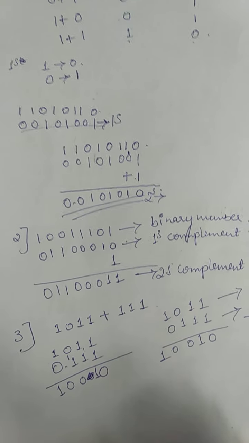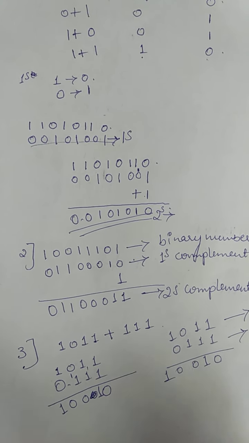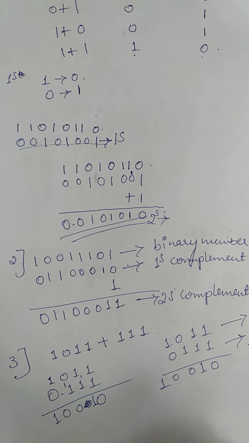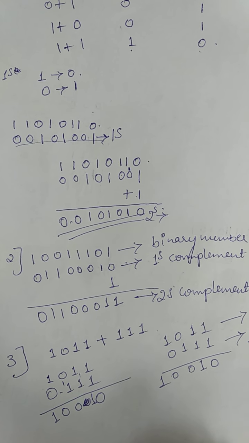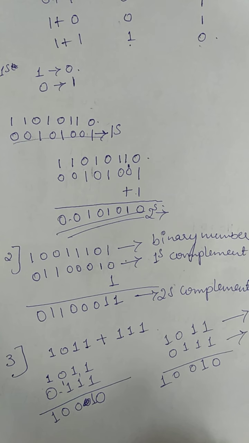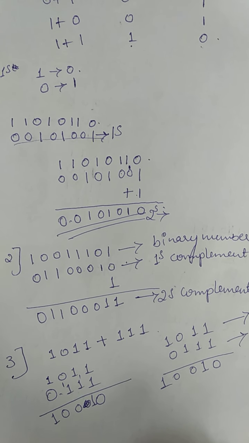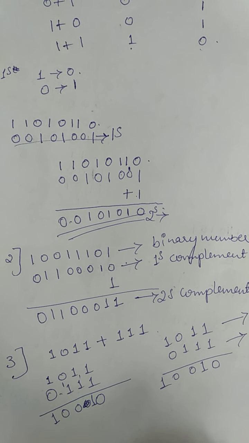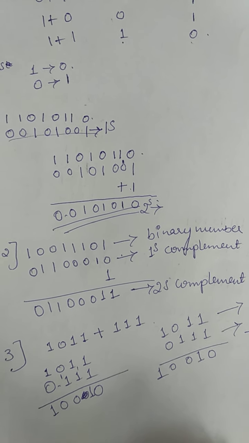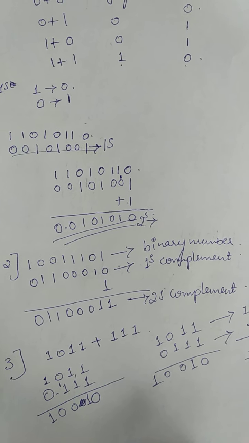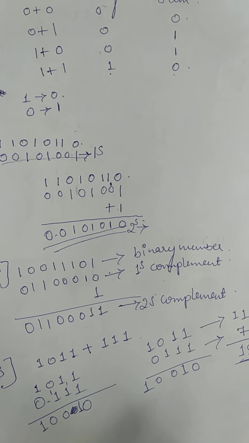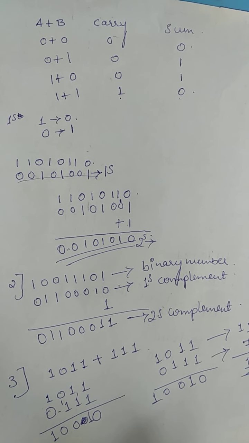So we have studied the ones complement and twos complement, addition of these numbers, that is binary and hexa numbers. In today's class we have studied only binary numbers, how we are going to add binary numbers to the ones complement and twos complement.